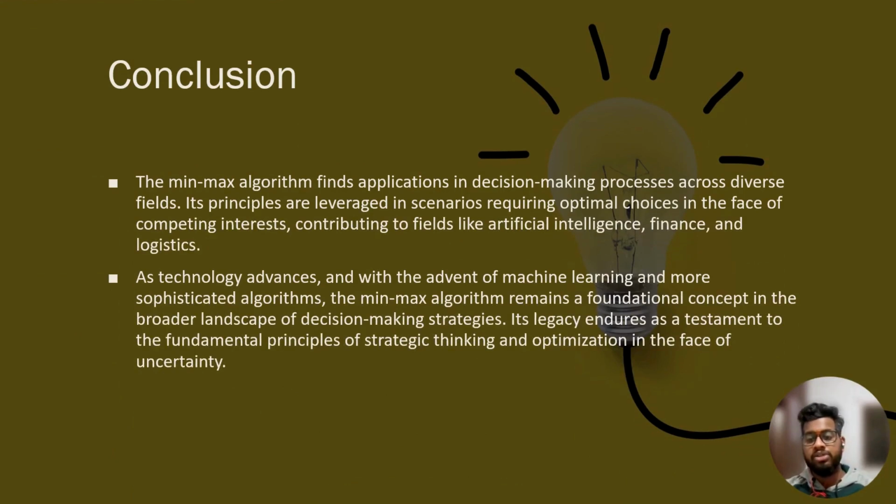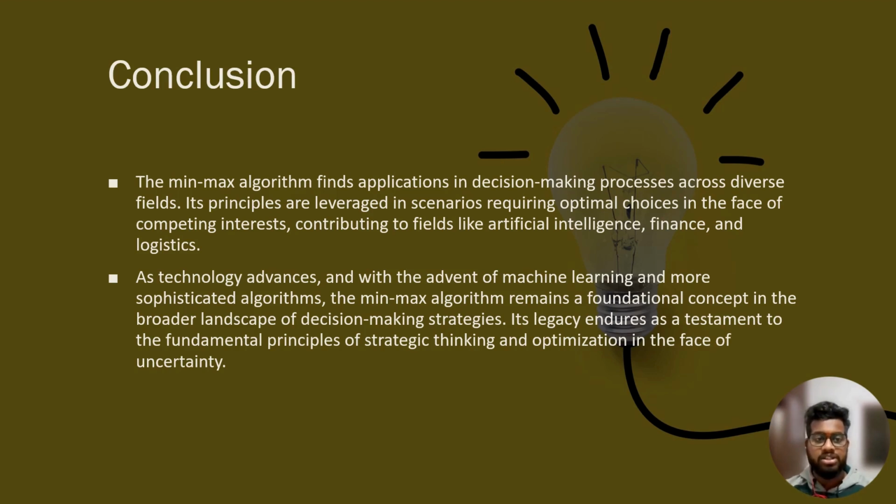In conclusion, the min-max algorithm finds application in decision-making processes across diverse fields. Its principles are leveraged in scenarios requiring optimal choices in the face of competing interests, contributing to fields like AI, finance, and logistics.